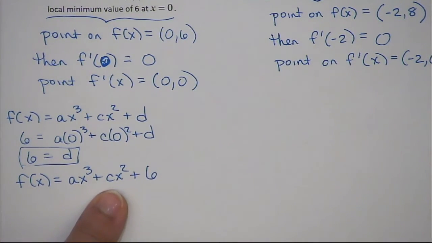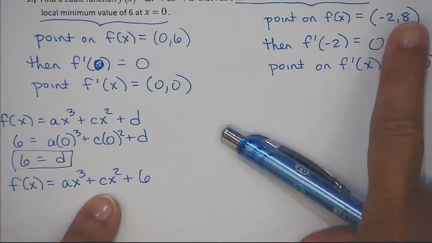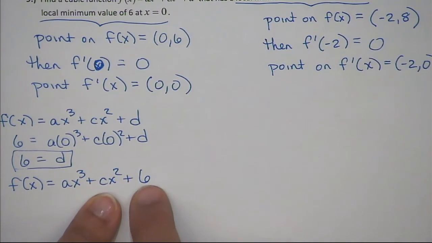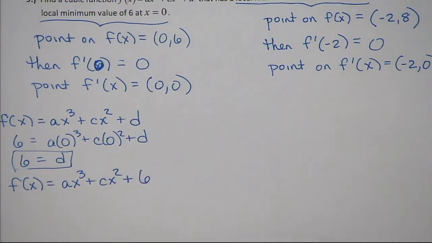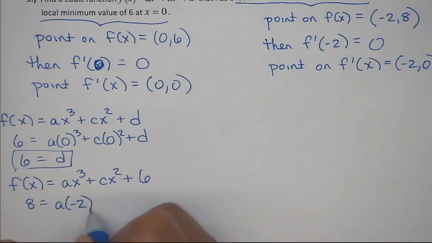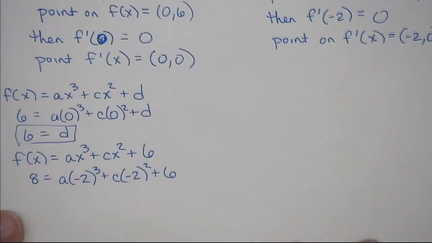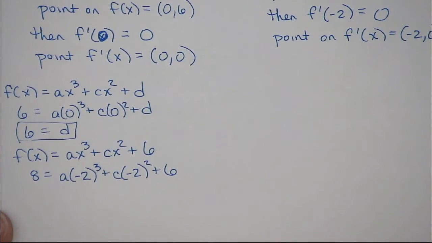All right, and now I got one more point on f of x, negative 2, 8. So now I'm going to plug negative 2, 8 in here. Okay, so 8 is y, x is negative 2. And we're going to solve that. So I took both my ordered pairs that were on f of x, to see what I could do with it. So I did find d. That was good.